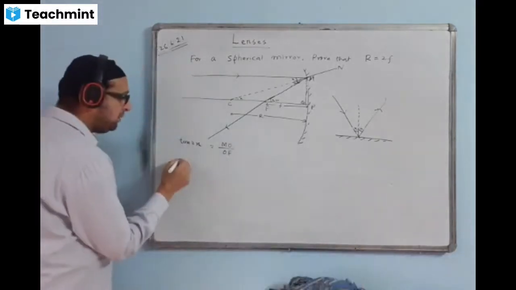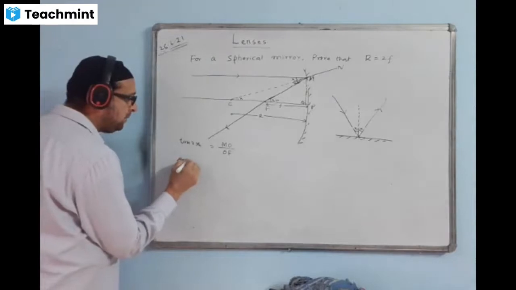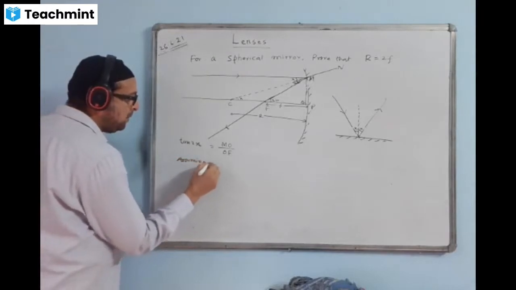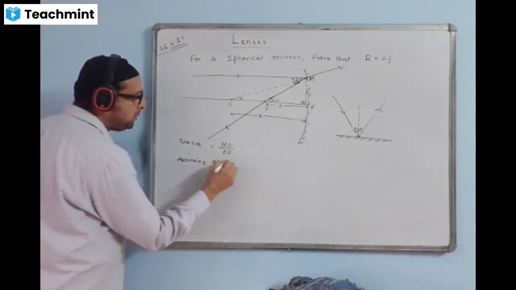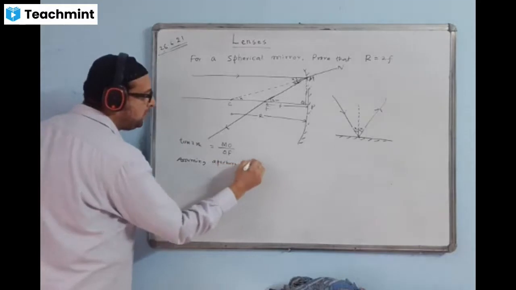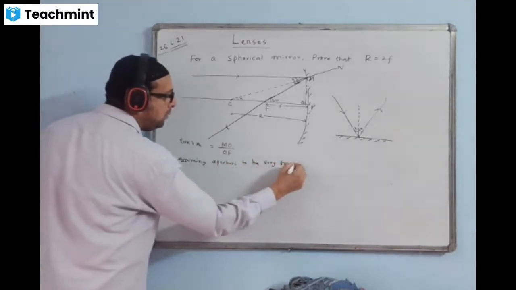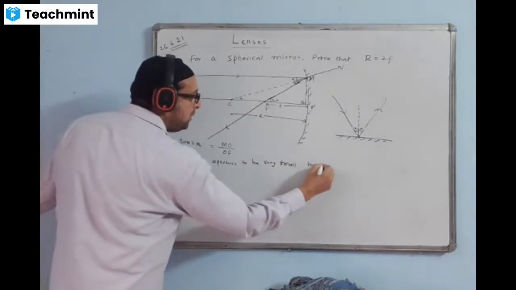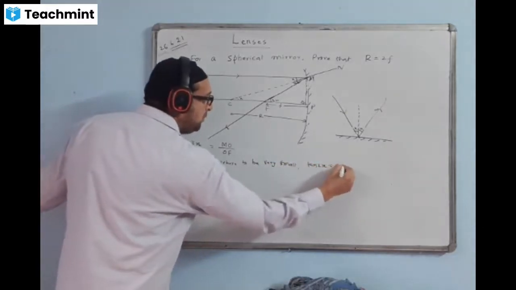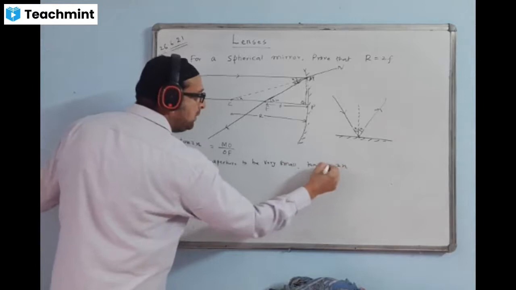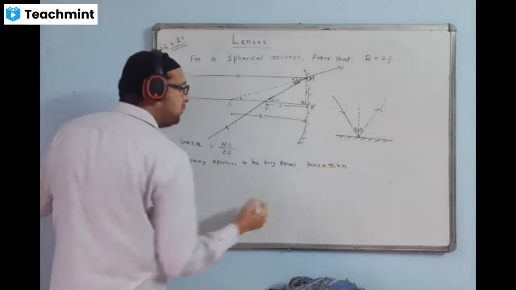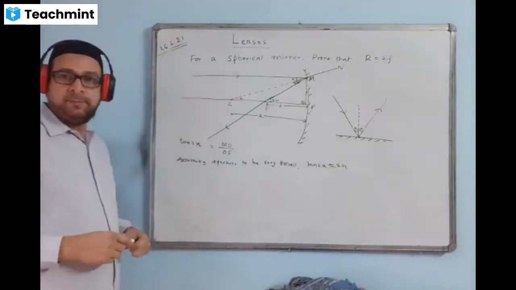After that, assuming the aperture to be very small, tan 2x will be nearly equal to 2x.